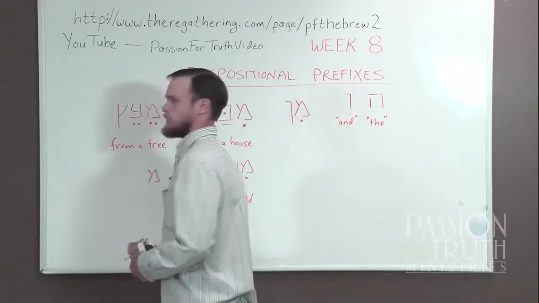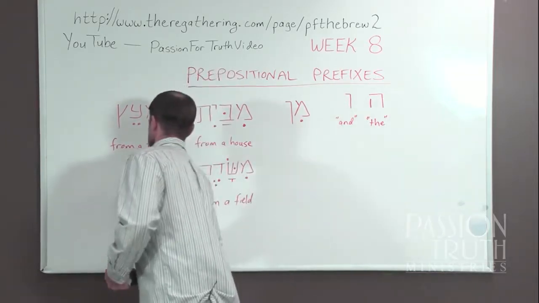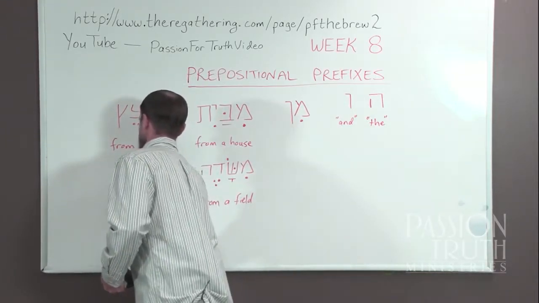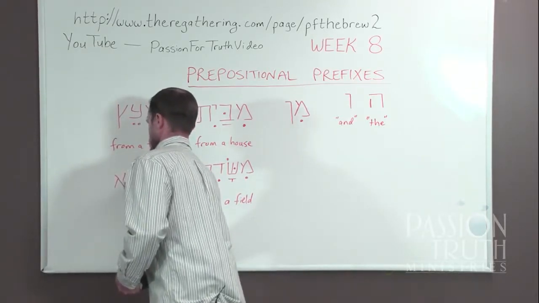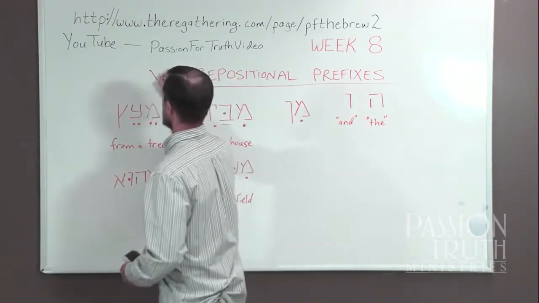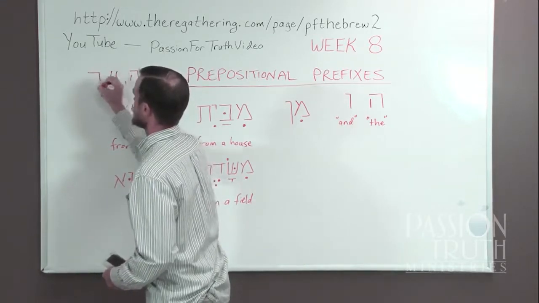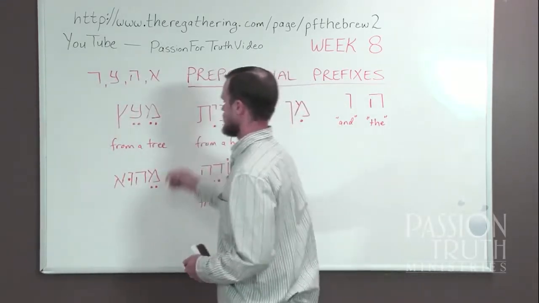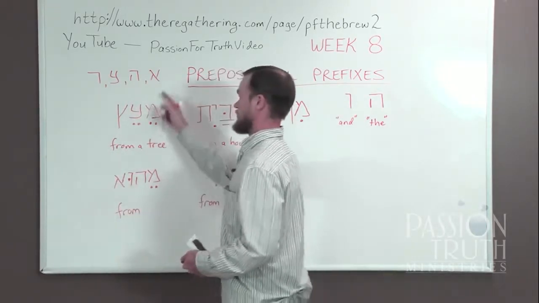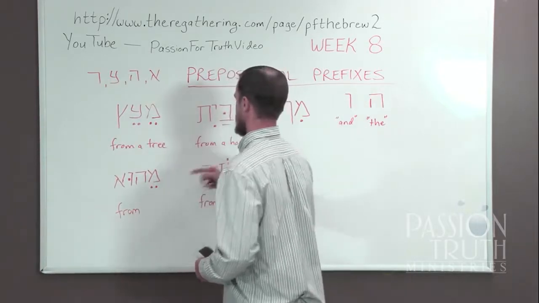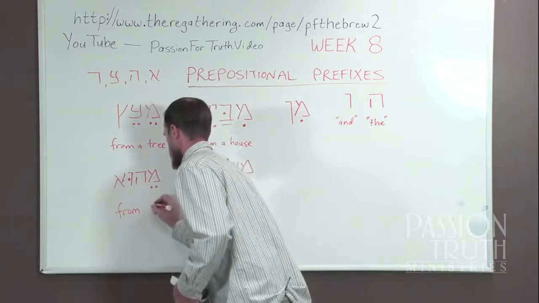Him would be hu. Hu is he or him. So me'hu, from him, because that starts with a hey. So aleph, hey, ayin, and resh. When the mem prefix precedes any of those letters, it'll take a tzere instead of a chirik. So mi or me are your two possibilities.